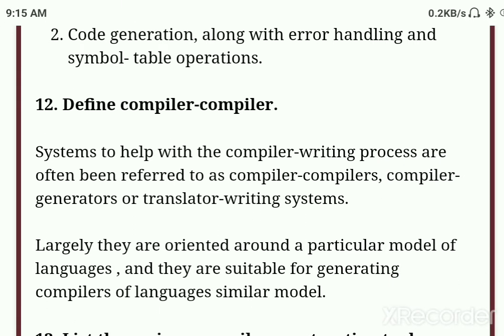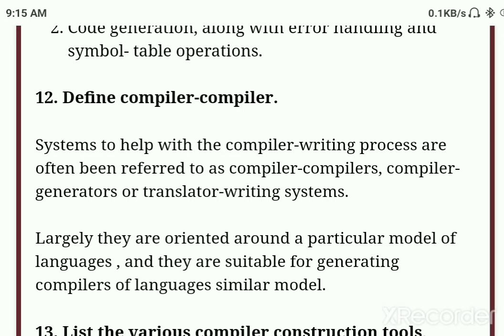Define compiler generators. Systems to help with the compiler writing process are often referred to as compiler generators or translator writing systems. Largely, they are oriented around a particular model of language, and they are suitable for generating compilers of languages with a similar model.